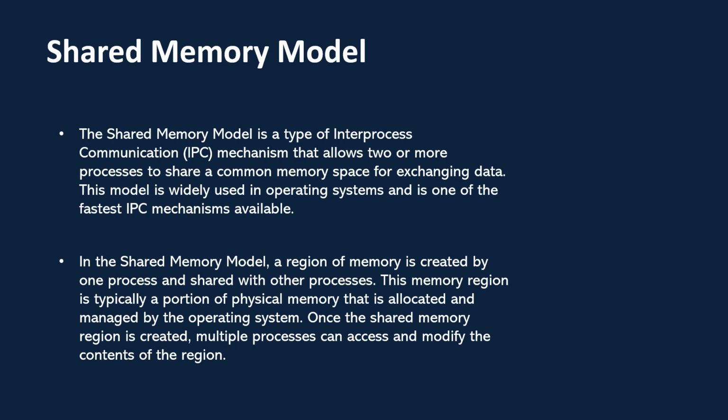And once this shared memory region is created, multiple processes can access the memory space and modify the contents of the region as they share data. So they can modify the contents and share their own data with the process which has created the memory space, and also with the other processes which are sharing the same memory space.